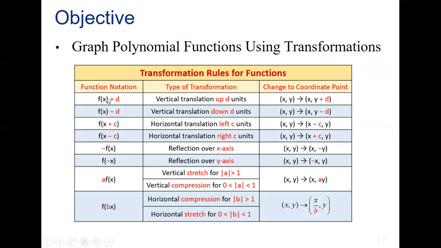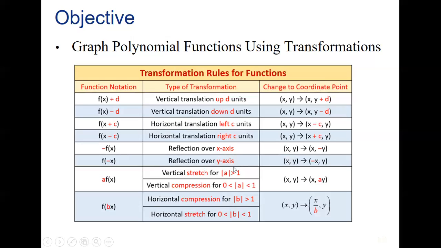All right. If I'm adding or subtracting to the function, that's going to cause me to go up and down. If I'm adding or subtracting to the x value, that's going to cause me to go left or right. And remember, my x is a liar. If I have a negative on the outside of my function, it's a reflection over the x-axis.